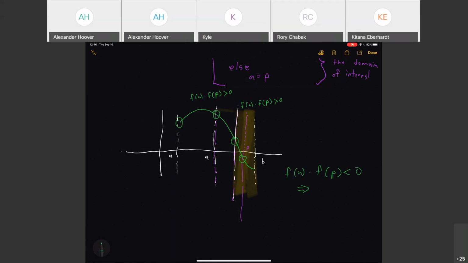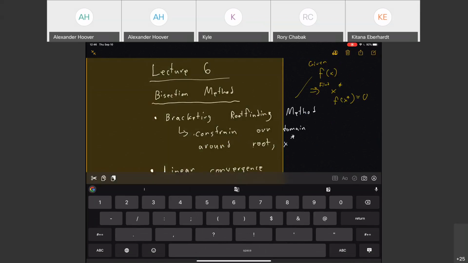So then we can say that B is equal to P. In the previous instances, we said that A was equal to P, and A equal to P. Any questions?